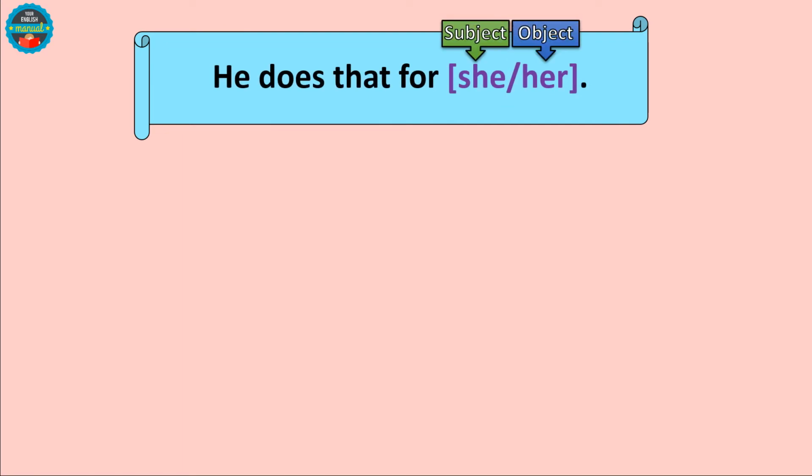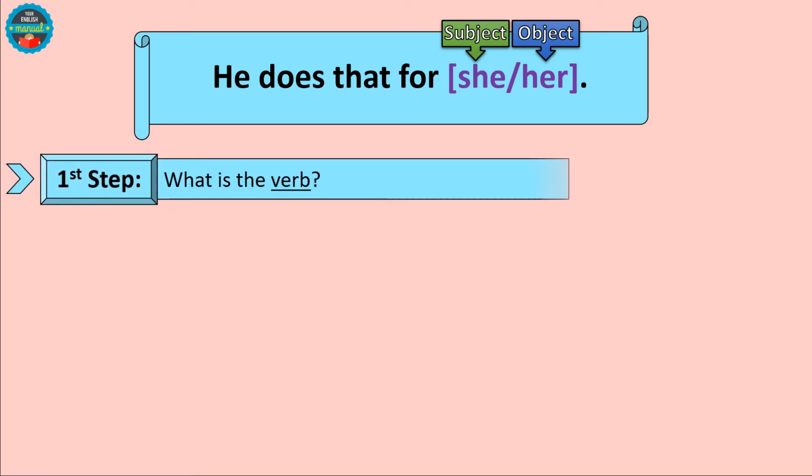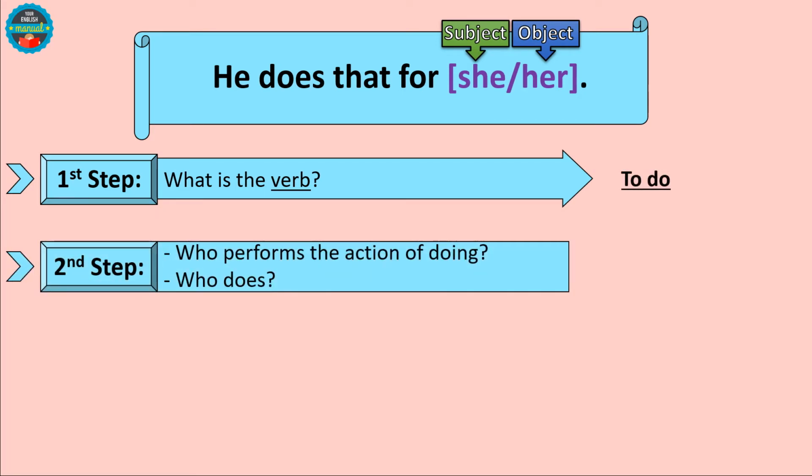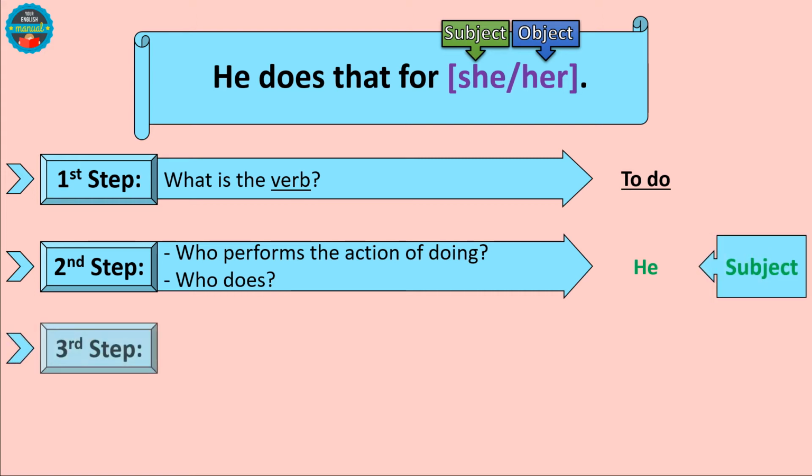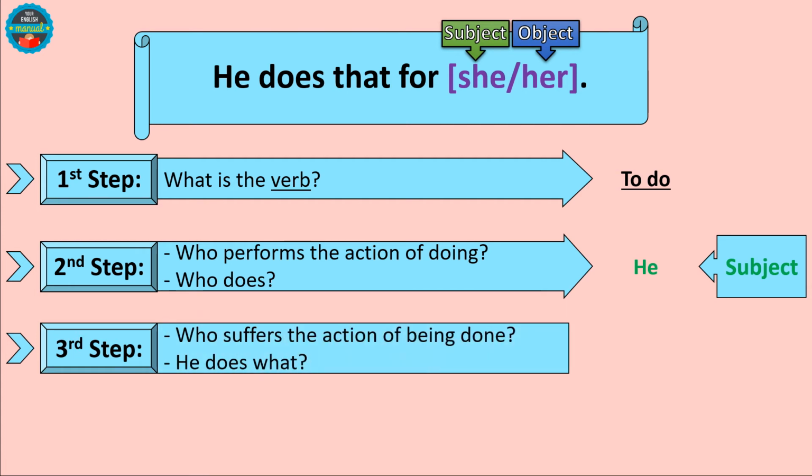He does that for she or her. Which one is correct? She or her? First step. What's the verb? To do. Second step, who performs the action of doing or who does? Answer, he. So he is the subject of the sentence. Third step, who suffers the action of being done or he does what? Answer, that. So that is the direct object of the verb to do.